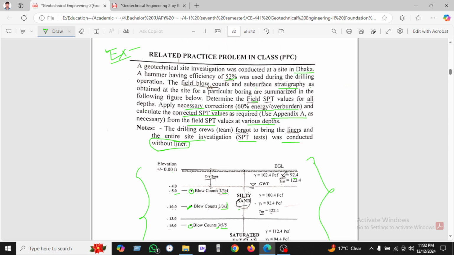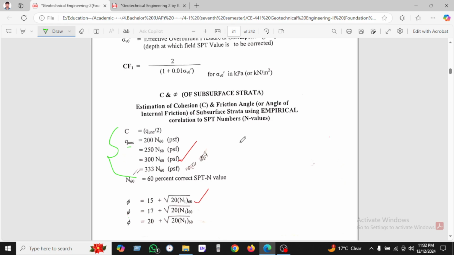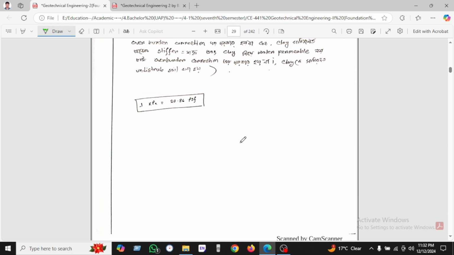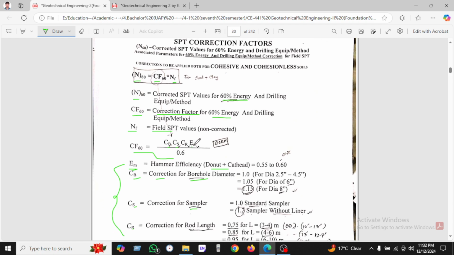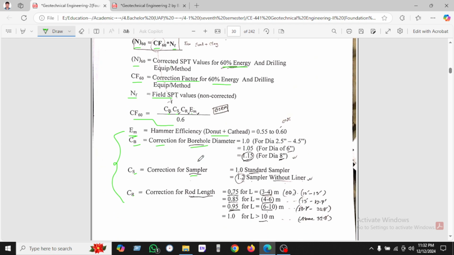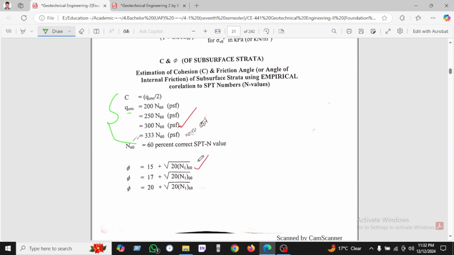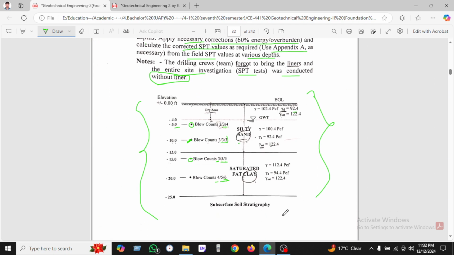Thank you everyone. And before leaving, I want to say the formula is given here. So this is the given formula. If you apply this formula, don't be afraid, you can use it without hesitation. Thank you.